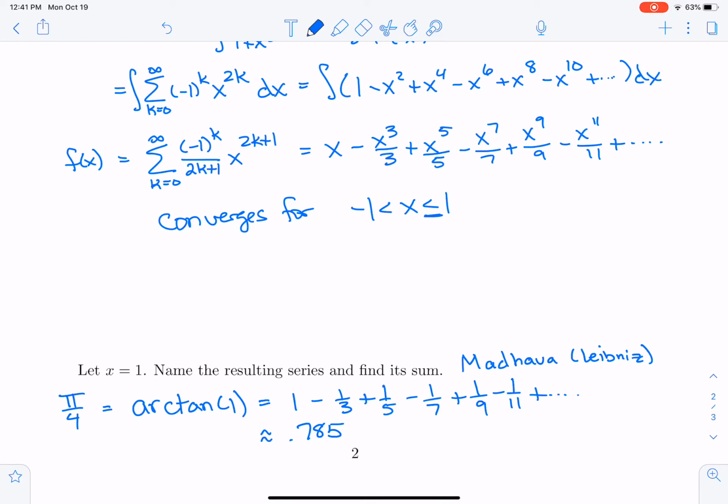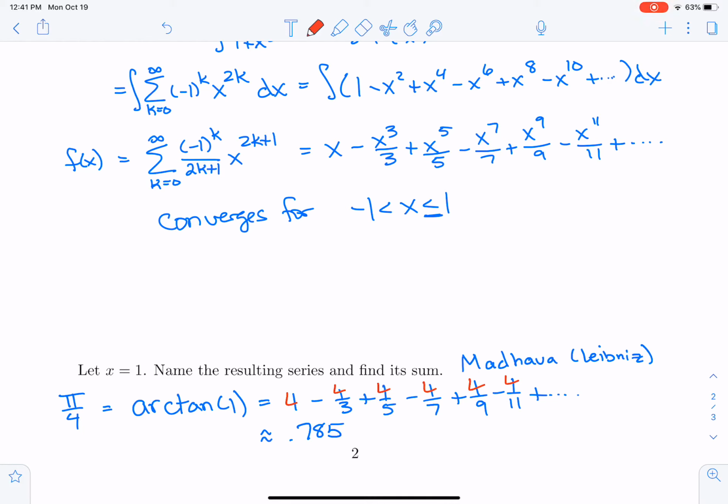And this actually gives you a way to estimate pi to a certain accuracy. So if you want to calculate digits of pi, you could take the sum, say, of 4 minus 4 thirds plus 4 fifths minus 4 sevenths plus 4 ninths minus 4 elevenths.